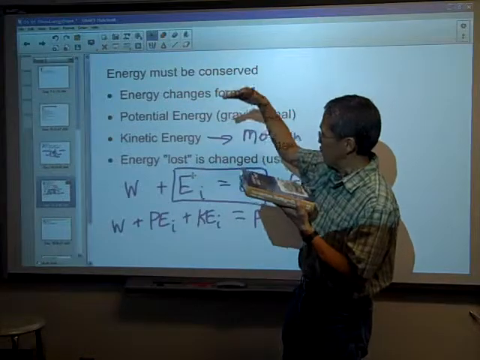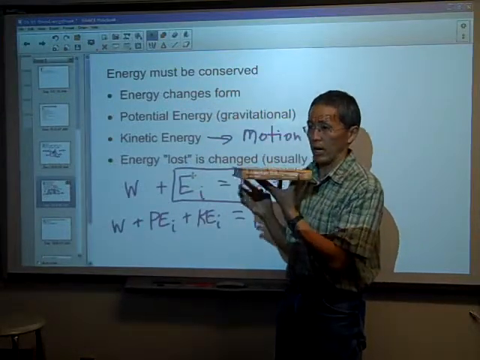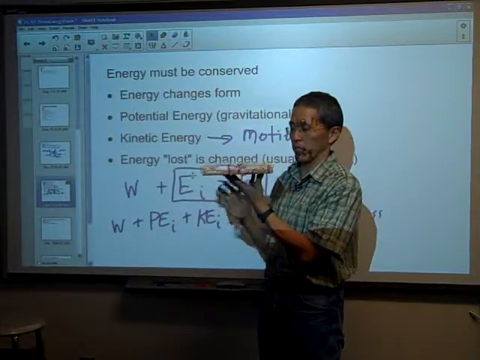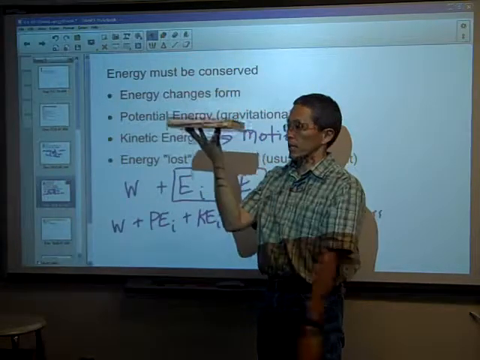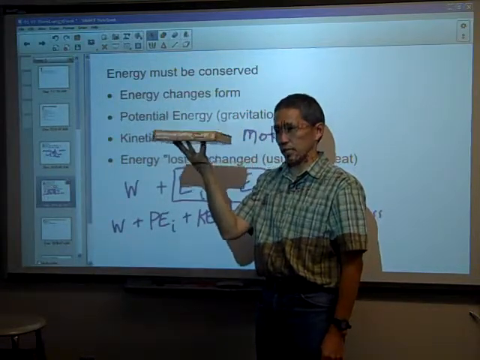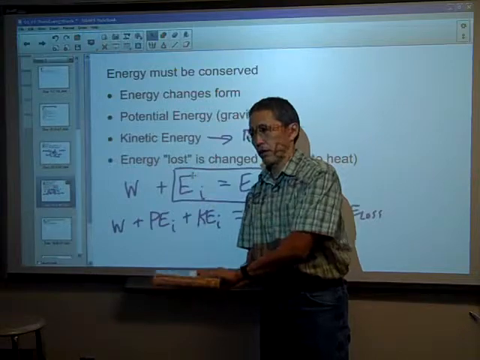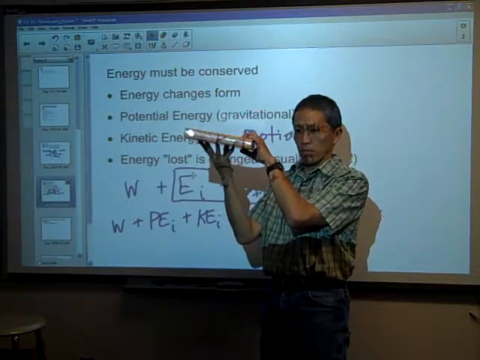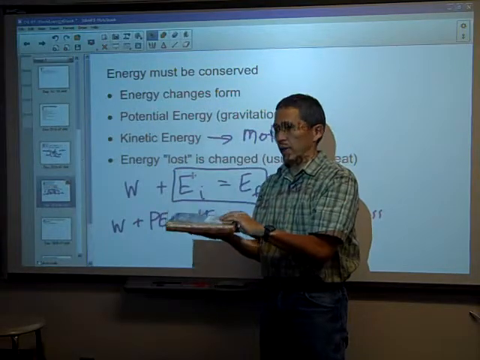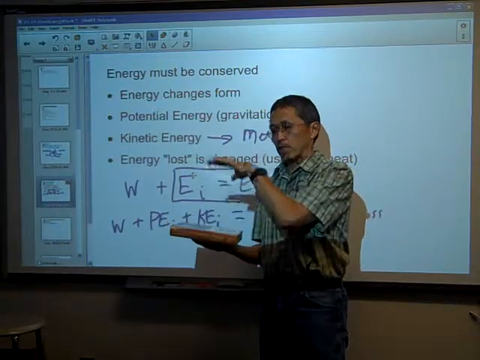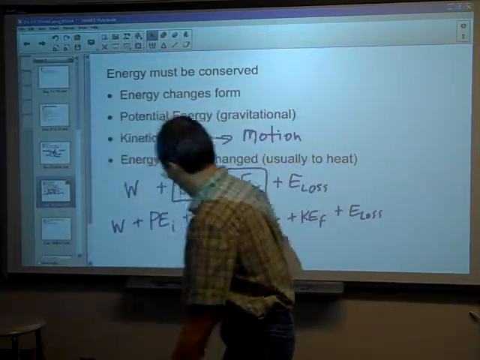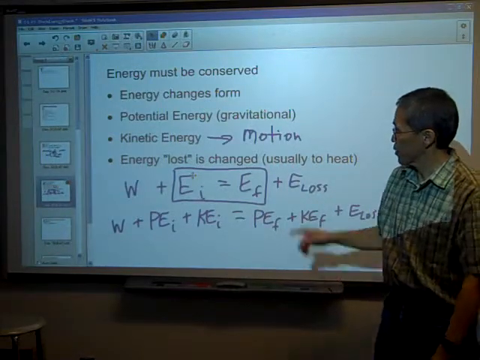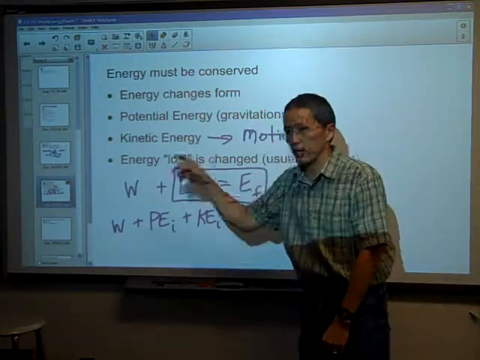Well, if we think about potential energy of gravity, gravitational potential energy, then I'm going to tell you that the book has more energy up here than it does down here. Okay? That's just because of the gravitational potential energy, and we'll talk about that in the next slide. Okay, does this make sense so far?